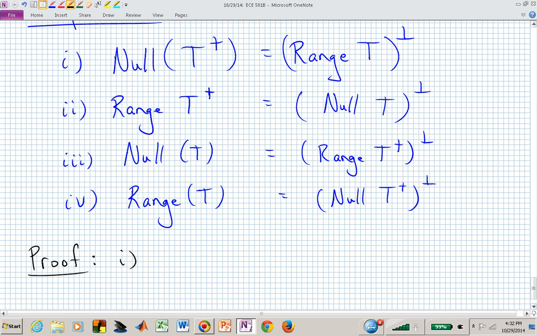So now we're looking at vectors that live in the null space of T dagger and seeing how they are related to the orthogonal complement of the range of T. Which means if we know what's living in the range of T, then the inner product of those with these vectors better give us 0 for this orthogonal complement. First, let's pick a vector W that belongs to the null space of T dagger.